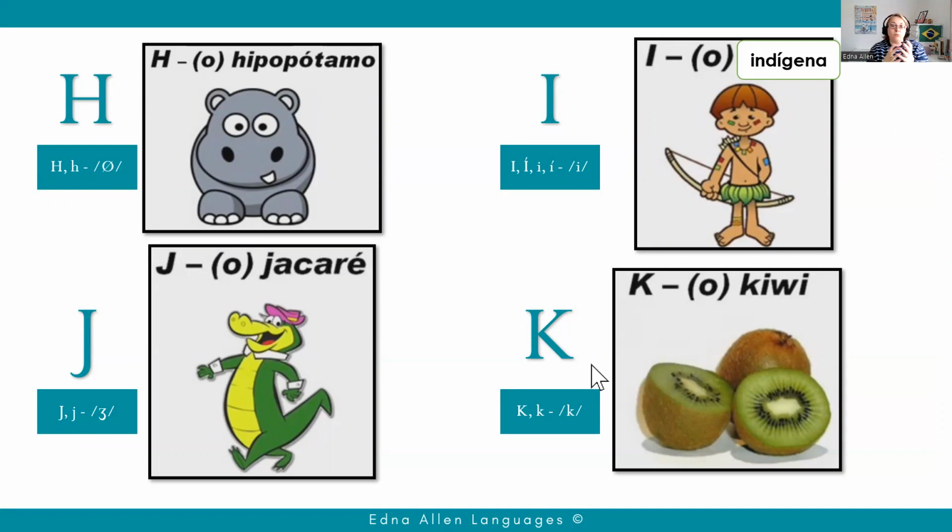So we don't have any words in Portuguese with them. We borrow, we bring from other cultures, from other languages. So that word you can pronounce your way, in English pronunciation, maybe like o kiwi, something like that. Tudo bem?